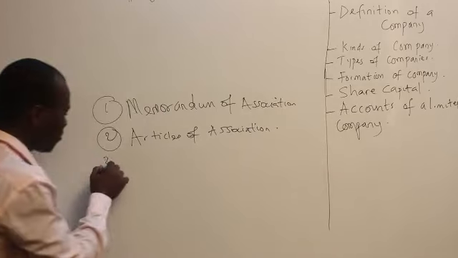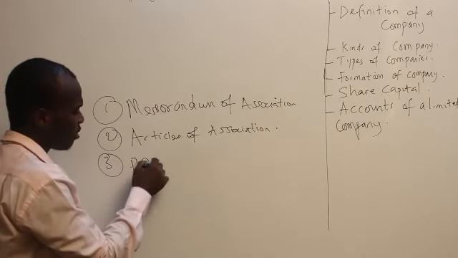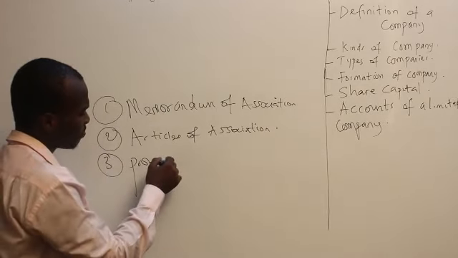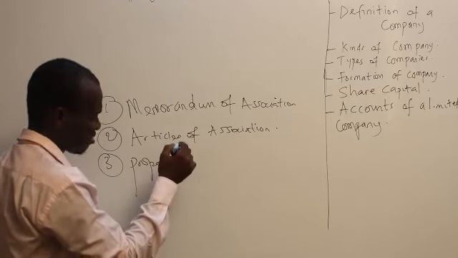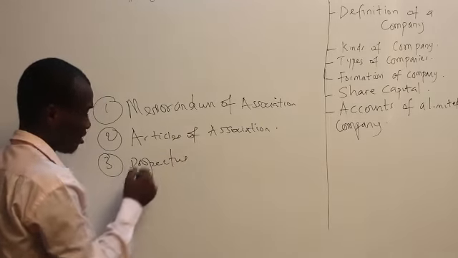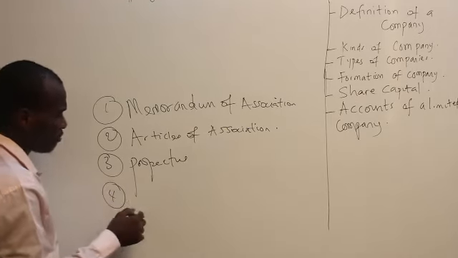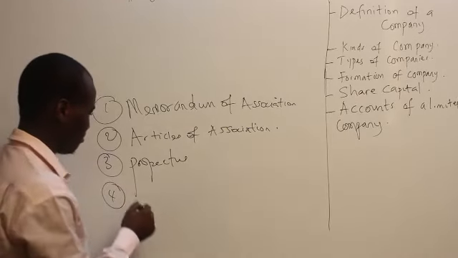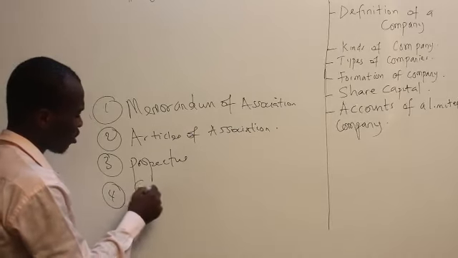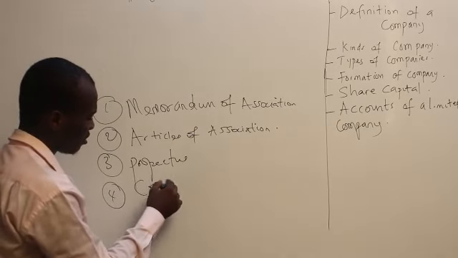Number three, the prospectus. And number four, the certificate of incorporation.